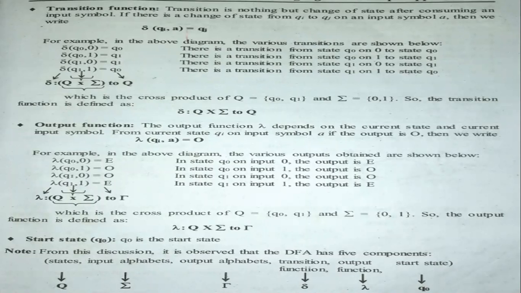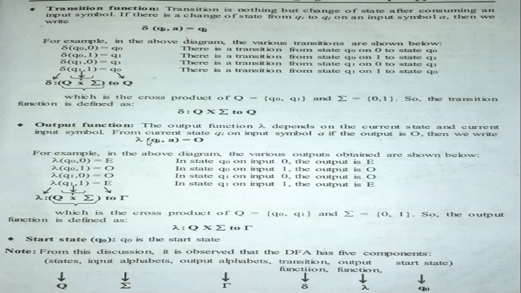In the transition function, the transition is nothing but the change of state after consuming an input symbol. If there is a change of state from Qi to Qj on an input symbol A, then we write it as delta of (Qi, A) equal to Qj. As we know, delta we use for the transition function, and lambda we use for the output function.